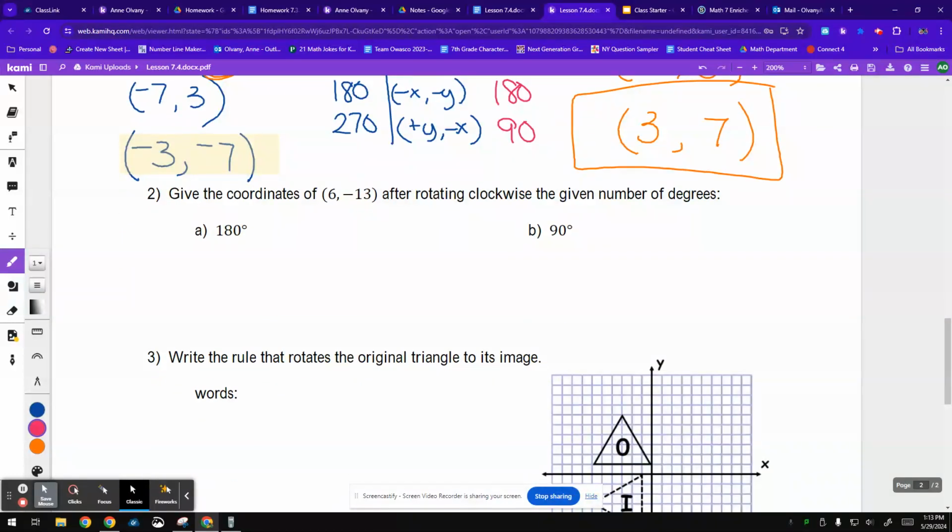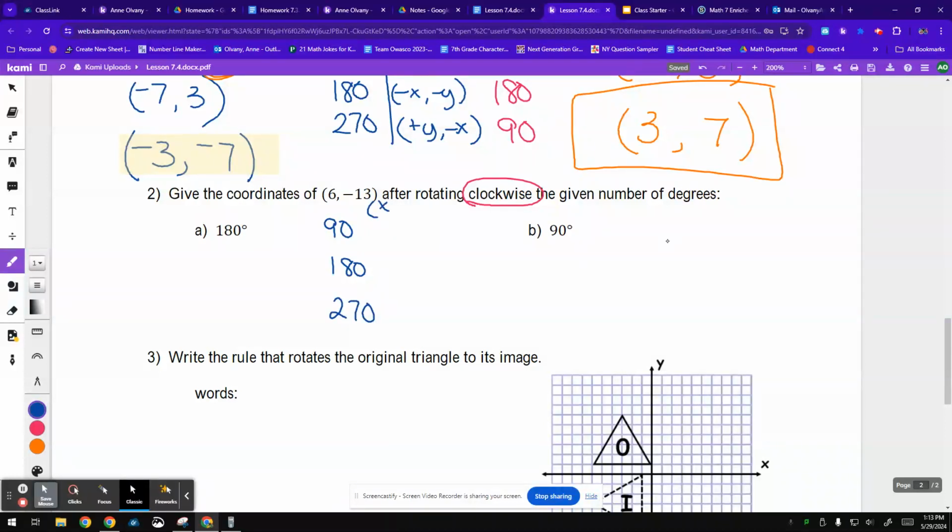All right, let's try it. Give the coordinates of 6, -13 after rotating clockwise. I rewrite the rules every time because it makes sense to me. So I would do this: 90, 180, 270.